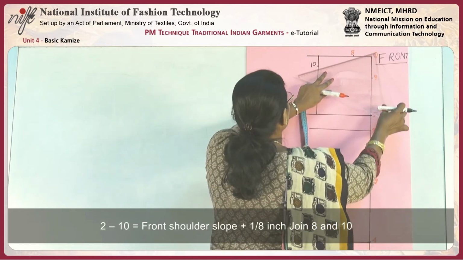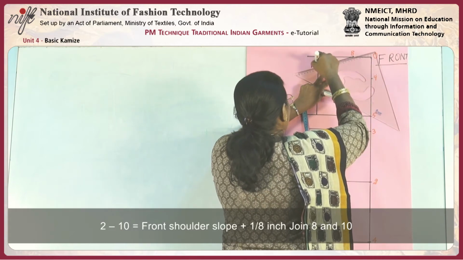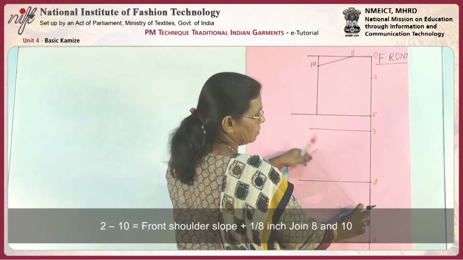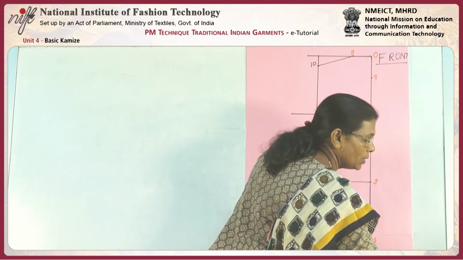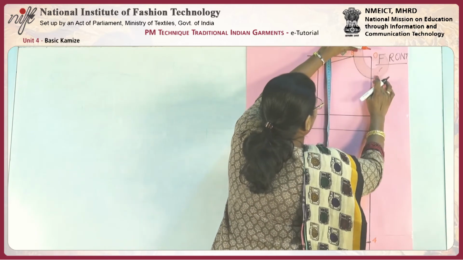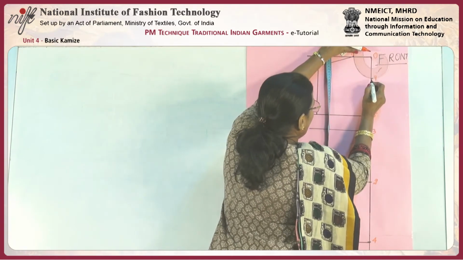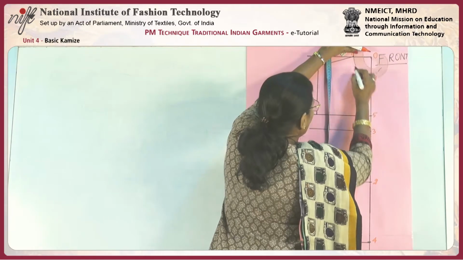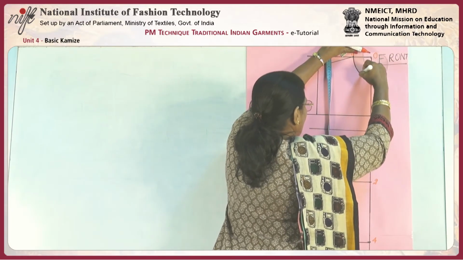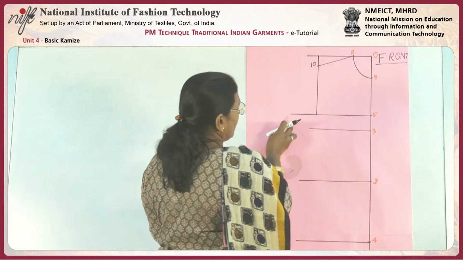Join 8 and 10 as shoulder. Then draw the front neck from 8 to 9 by keeping the tail up, and it should have a quarter inch straight at the neckline, at the center front neckline.